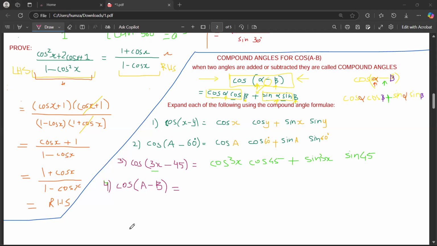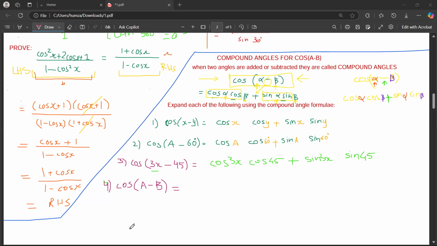Yes, a little bit of focus. Cos, sin, then we look at angle A. We give one alpha to cos, one alpha to sin. Then we have beta, we give one beta to cos, we give one beta to sin. Then we look at the negative or positive sign in the bracket and we change it to the opposite.